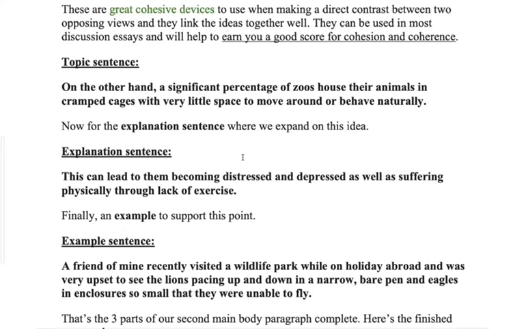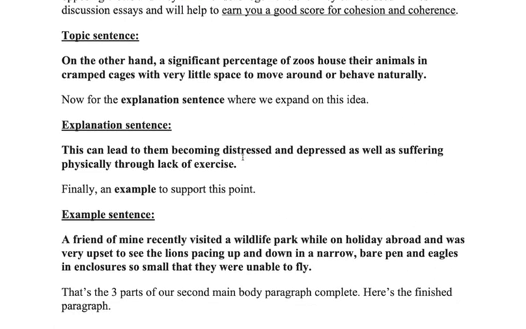So let's have an example. A friend of mine recently visited a wildlife park while on holiday abroad and was very upset to see the lions pacing up and down in a narrow. So when you're saying pacing up and down, that means to walk with regular steps in one direction, then back again, okay?